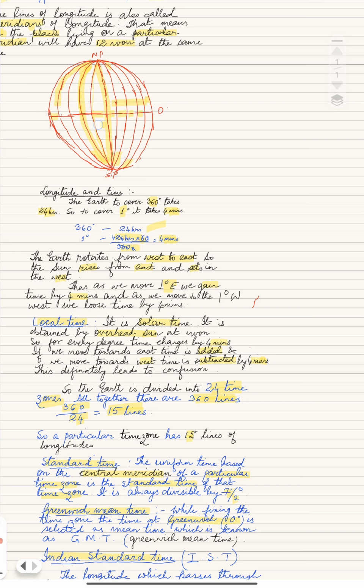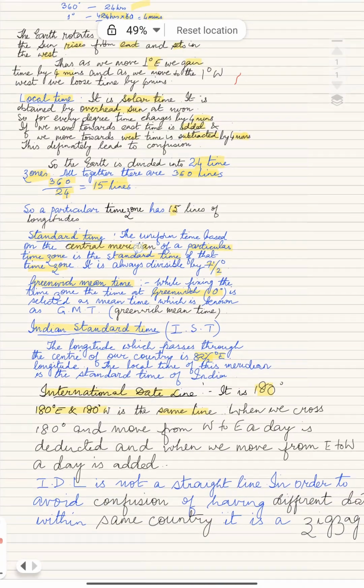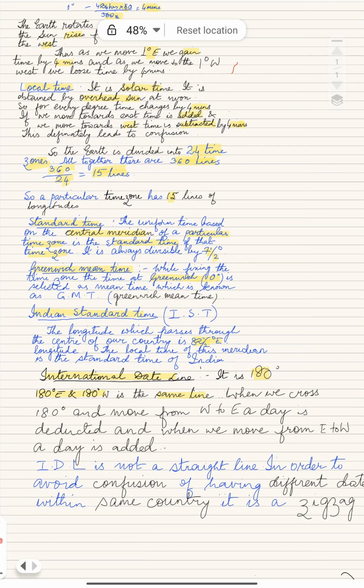This side also, from 0 till the opposite side, we get 180 degree west. Now this 180 degree east and 180 degree west is not taken as two different lines, but always as the same line. When we cross 180 degree and move from west to east, a day is deducted, and when we move from east to west, a day is added.